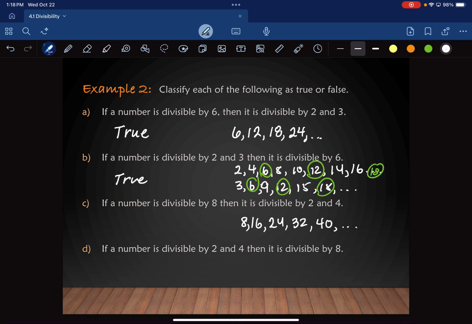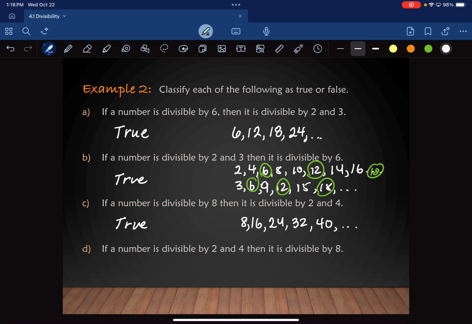These are numbers all divisible by 8, right? Okay, are they all divisible by 2? Yes. Are they all divisible by 4? Yes, they are. This is also a true statement. If 8 divides something, then 2 and 4 are also going to divide it.